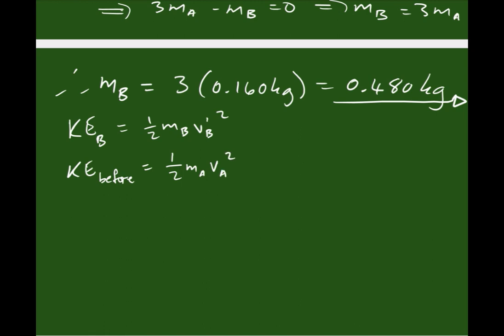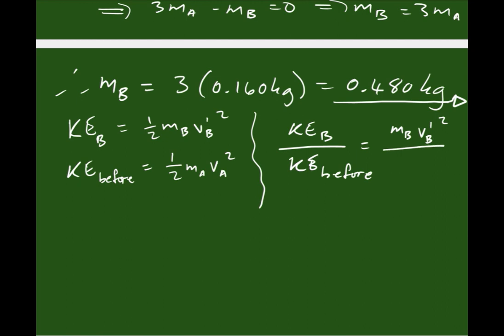So we just want the ratio, kinetic energy of ball B over the kinetic energy before the collision. And what is this equal to? The halves will cancel, so it will be MB VB prime squared over MA VA squared.